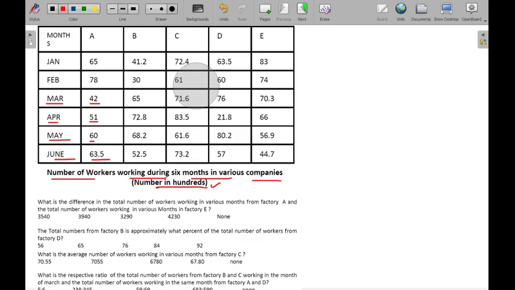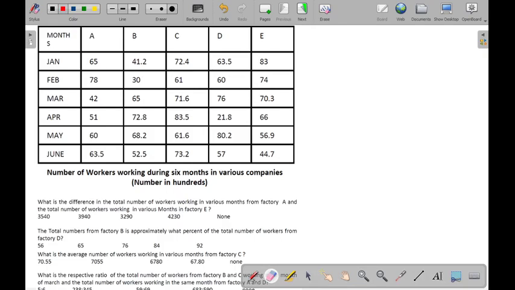Now coming to the problems. Question number 1. What is the difference in the total number of workers working in various months from factory A and the total number working in various months in factory E?